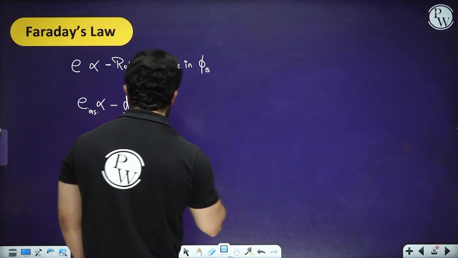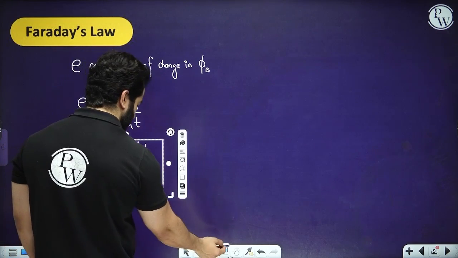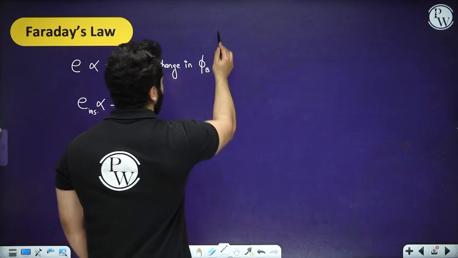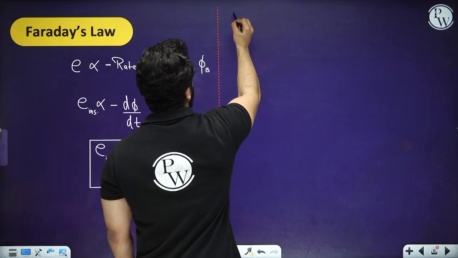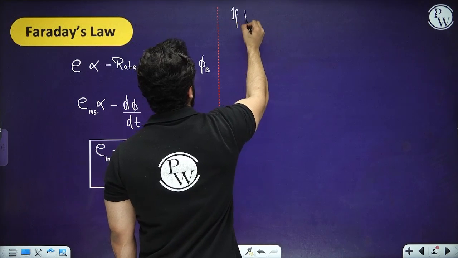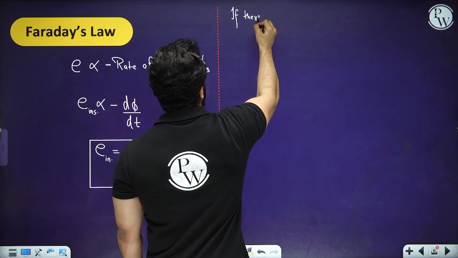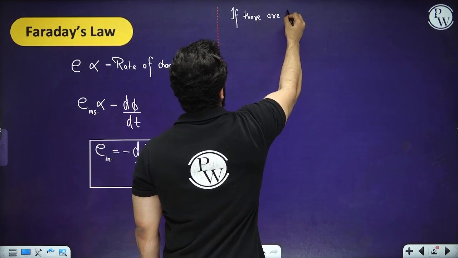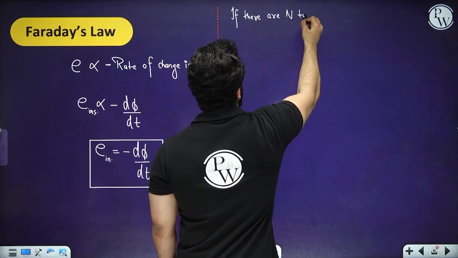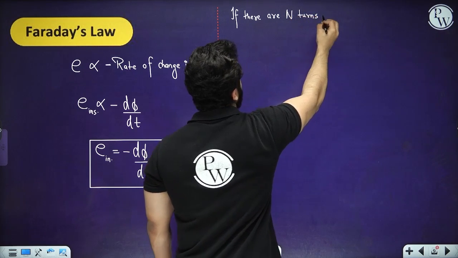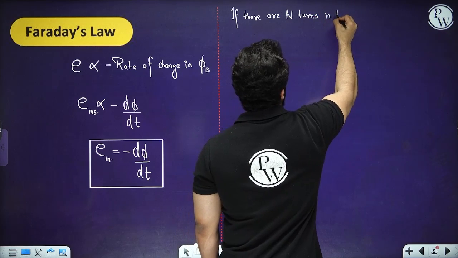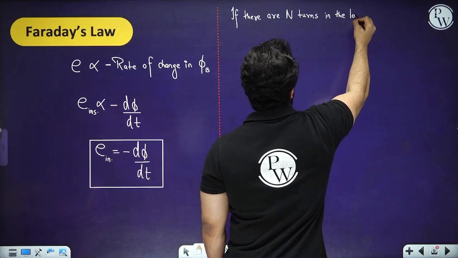Now we can rewrite all of these equations in different ways. One is surely going to be the average, but before that, let's suppose there are n turns in the loop.